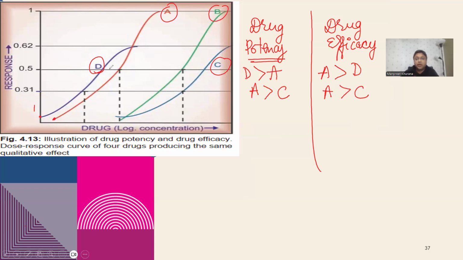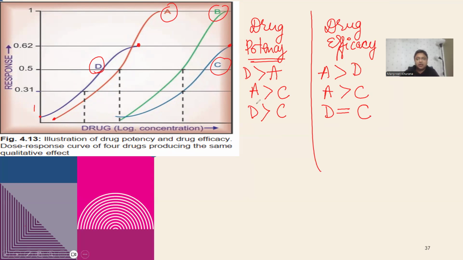Now, if we compare drug D and C, right? Drug D is showing the effect at a very low concentration. So drug D is more potent than drug C. And if we see the efficacy of drug D and C, they are equally efficacious. So I can say that drug D is equally efficacious as drug C. Okay.